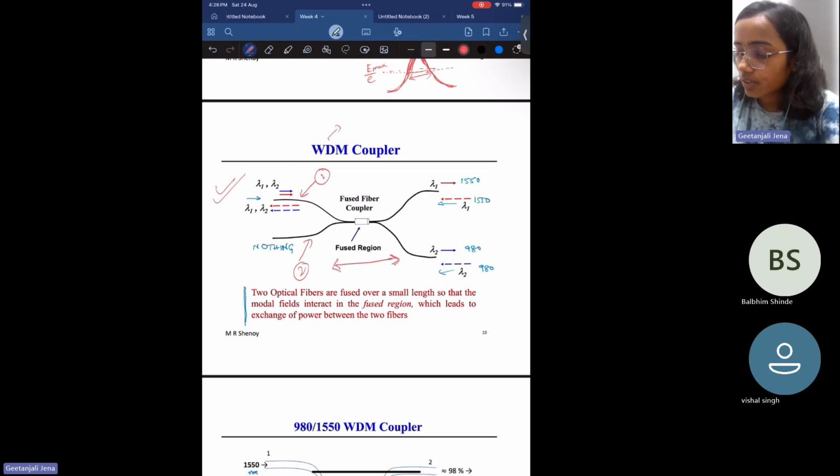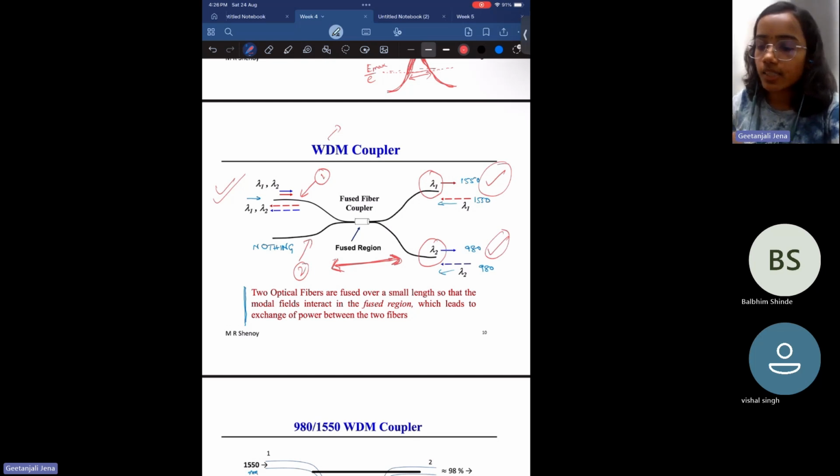The length of this fused region decides which wavelength will come out through this fiber and which wavelength will come out through this fiber.